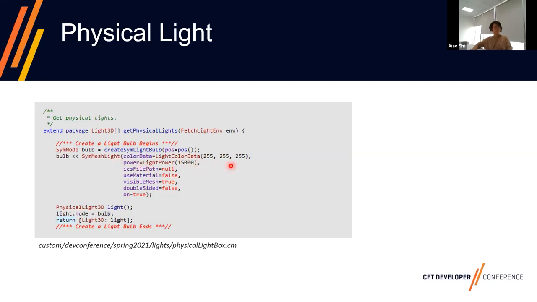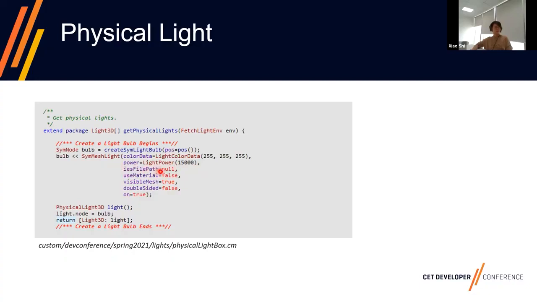Here we are using lumens, which is how you determine light brightness in real life, or you can just define a double there. It will be a helpful method to transfer different types of figures into light power. You have this IES file path that you can pass in, some file called IES, which I'll show you a bit later as well.